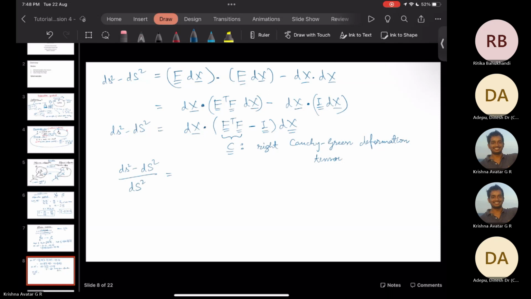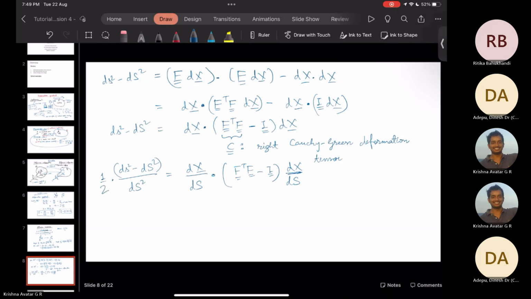And what does this give? Now you know that ds squared was d capital X dot d capital X, isn't it? So we'll do that so that we have d capital X by ds dot F transpose F minus I, and likewise d capital X by ds. And this is usually done in continuum mechanics. We just divide by 2.